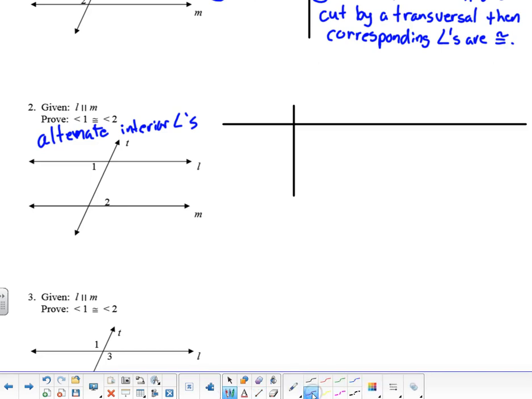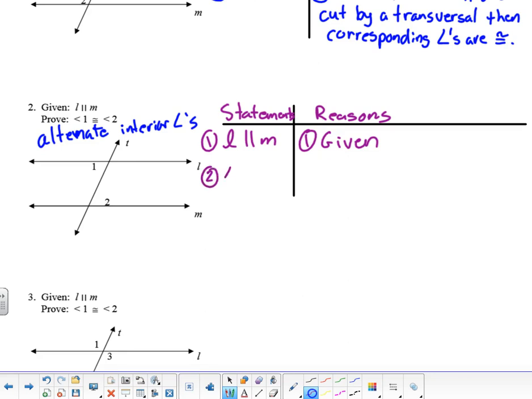Let's put a little color in here. We have statements and our reasons. Again, L is parallel to M, and we know that's true because it's given. What conclusion can we make? We can say that angle 1 is congruent to angle 2.